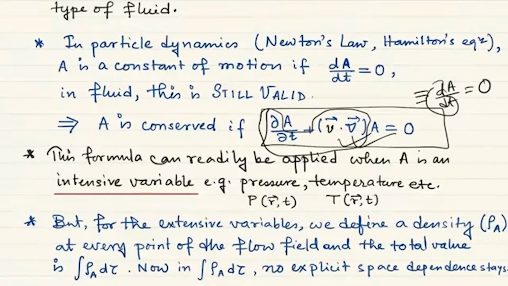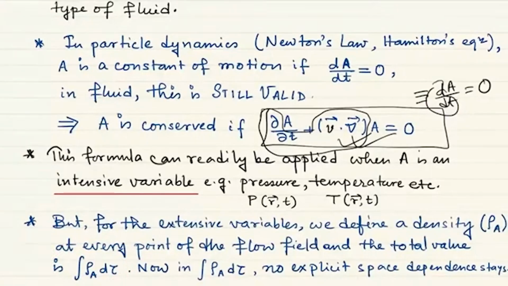Let's say we talk about an extensive variable A, then we define a density ρ_A for that variable at every point of the flow field, and the total value will simply be the integration of ρ_A over the volume.